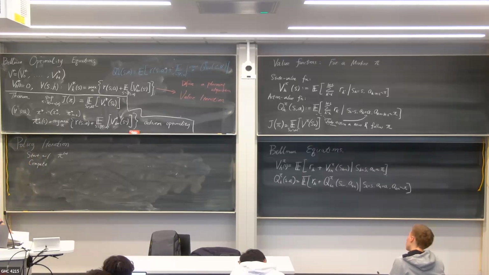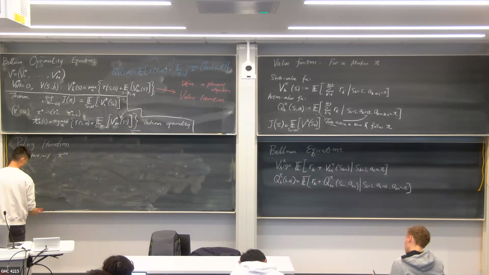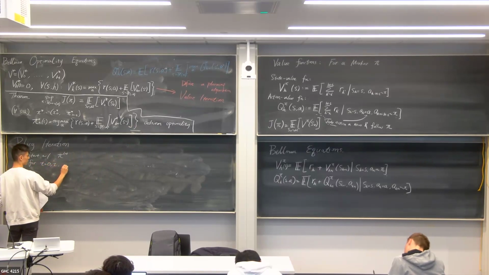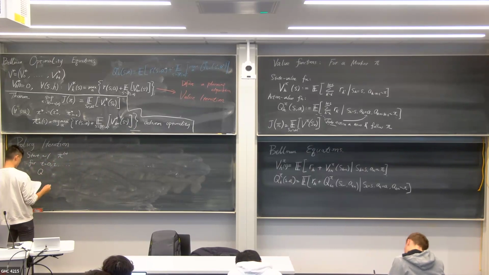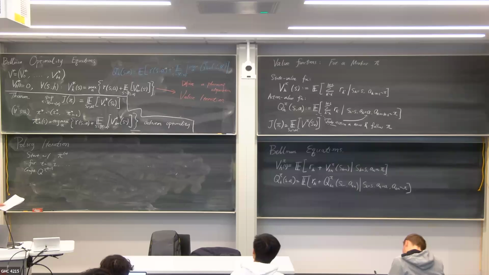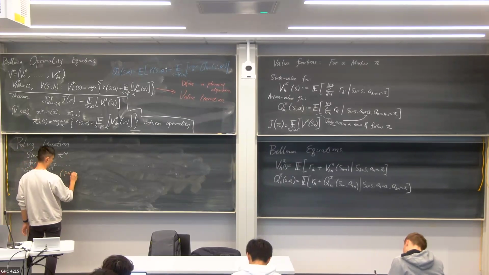There's a for loop, I guess. You compute the action value function of the current policy. This step is sometimes called policy evaluation.